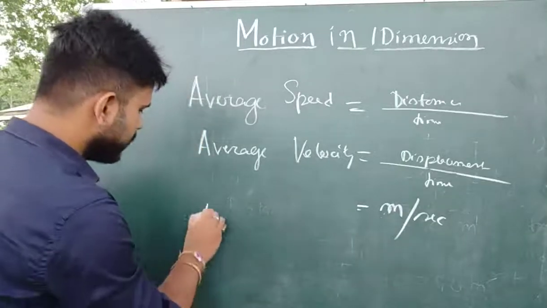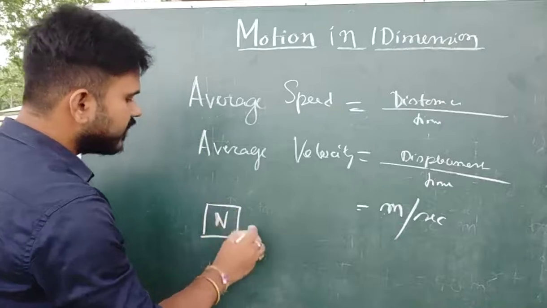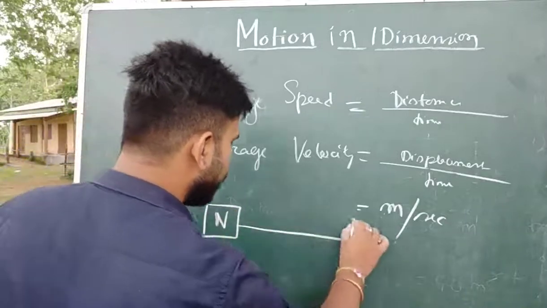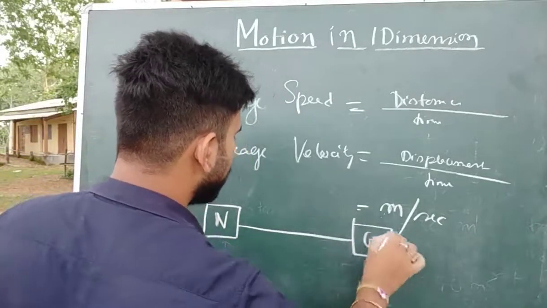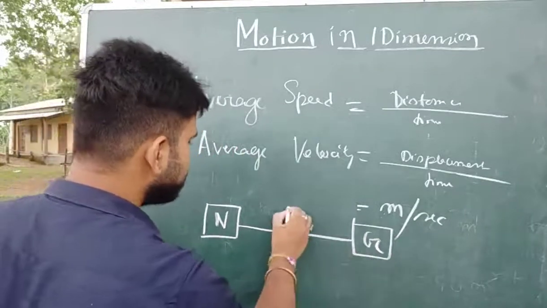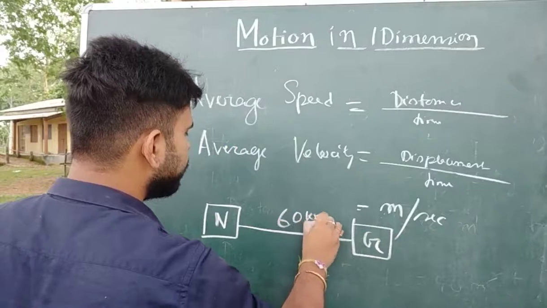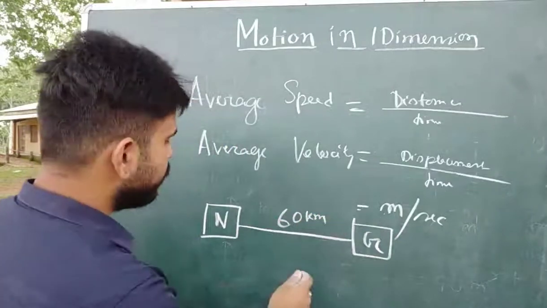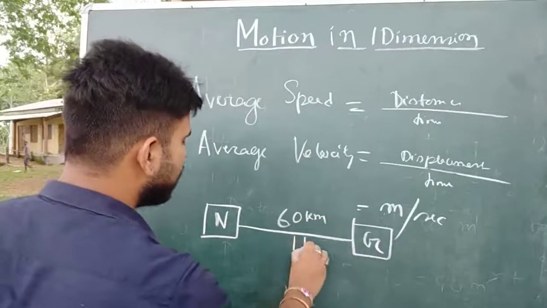Suppose N represents Nalbari district and G represents Guwahati. The distance or the displacement between Nalbari and Guwahati is 60 km. I need to cover this distance in 1 hour.